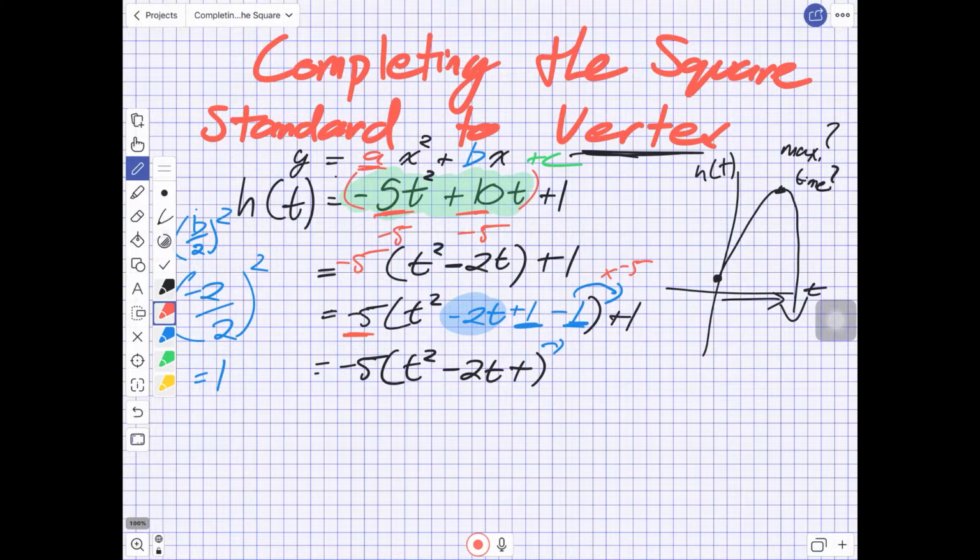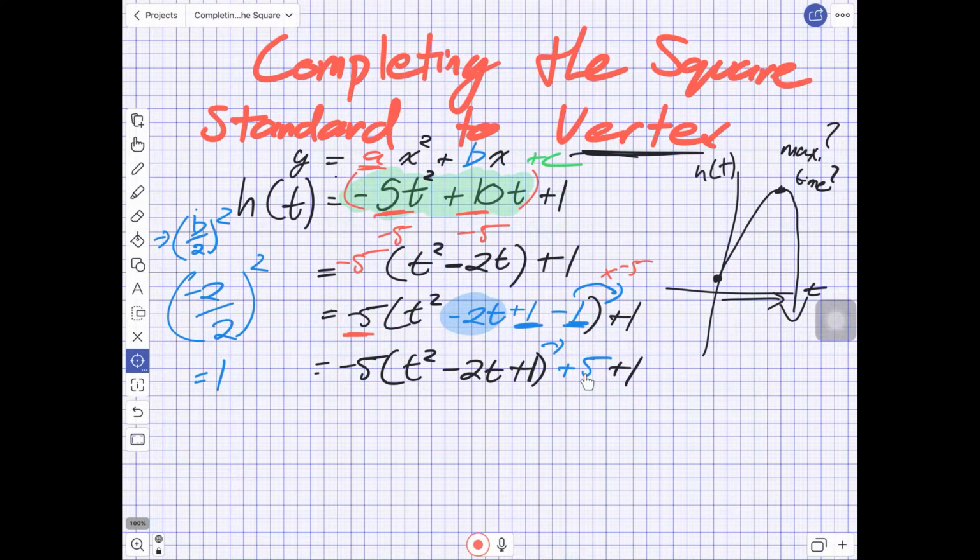So -1 times -5 is going to be +5, and that +5 can be simplified with the c value. Oh, I forgot, there should be a 1 here. So we pulled that negative 1 out, and when we pulled it out, we multiplied by the a, okay?